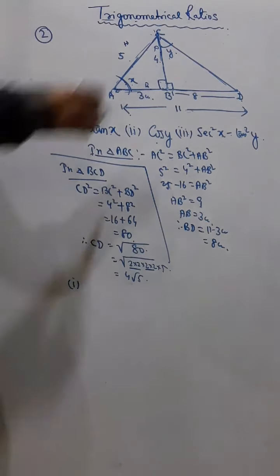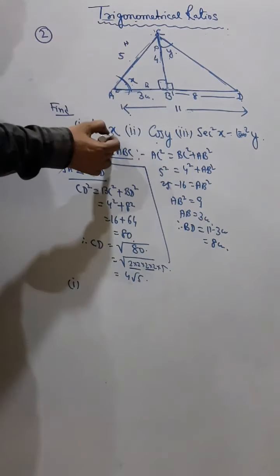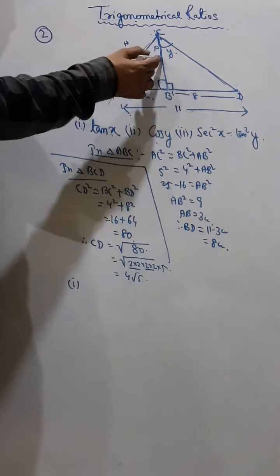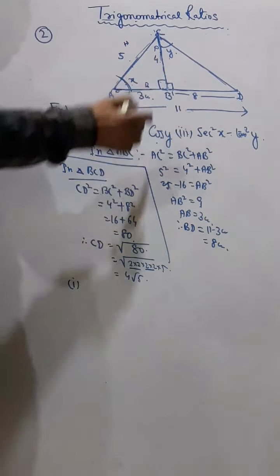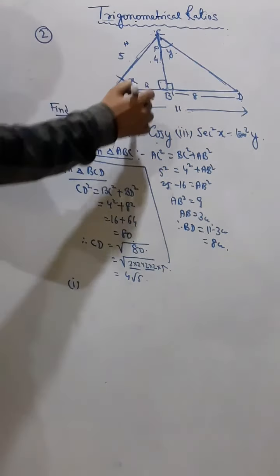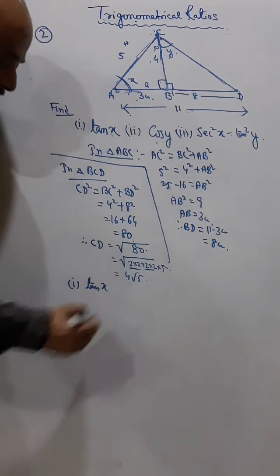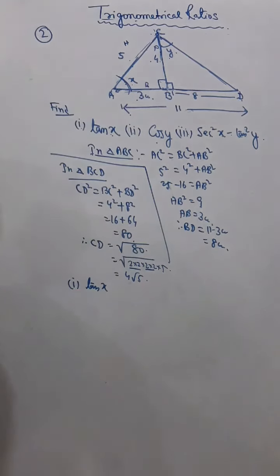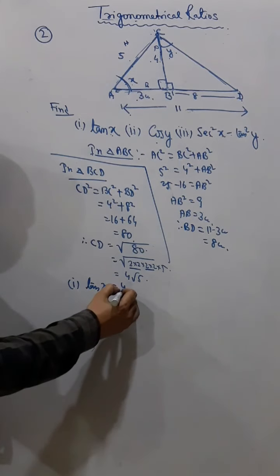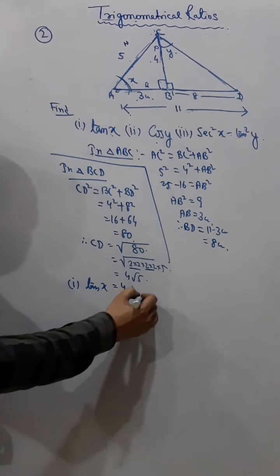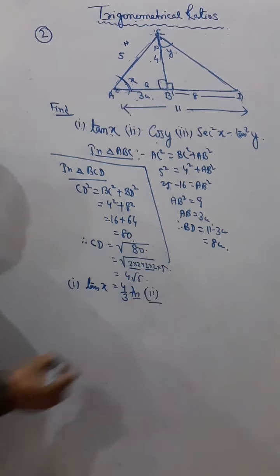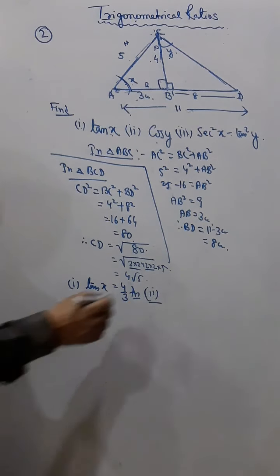Understand? So now in this triangle, what can I say about tan x? Tan x is perpendicular by base, so I can say tan x is 4 by 3. So number 1 I can say tan x is equal to 4 by 3. Okay, that is the answer. Number 2 they told cos y.